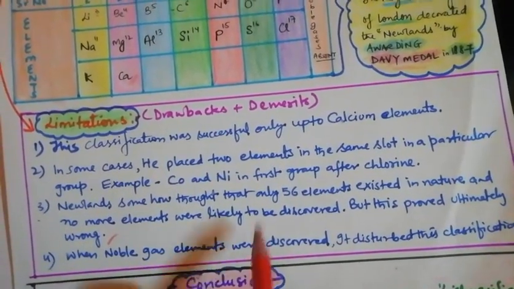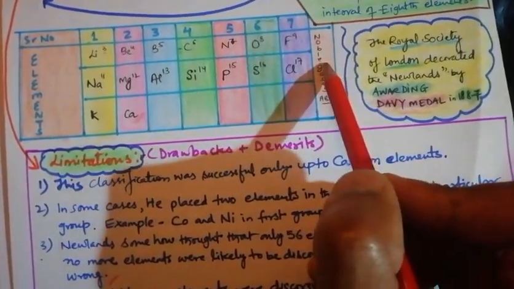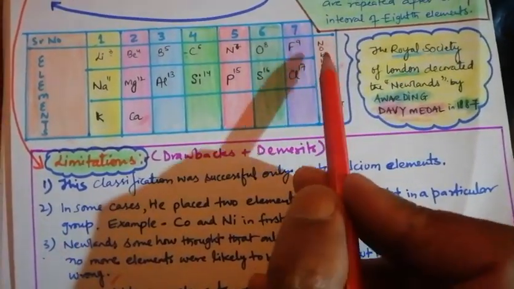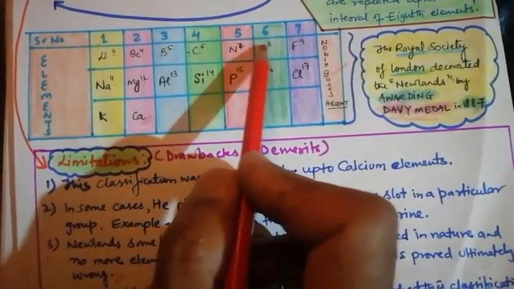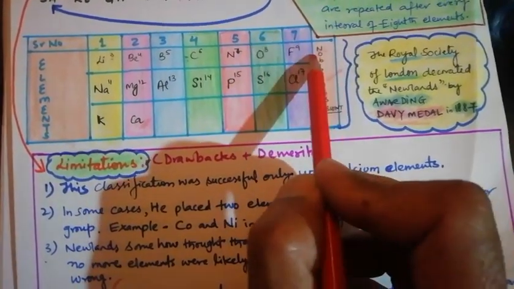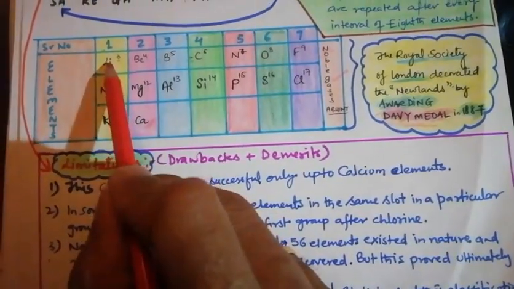Fourth, when noble gases were discovered in the future, they disturbed this arrangement. As you can see, 1, 2, 3, 4, 5, 6, 7. If a noble gas is placed, the 8th will come here, which does not have a common property with this.